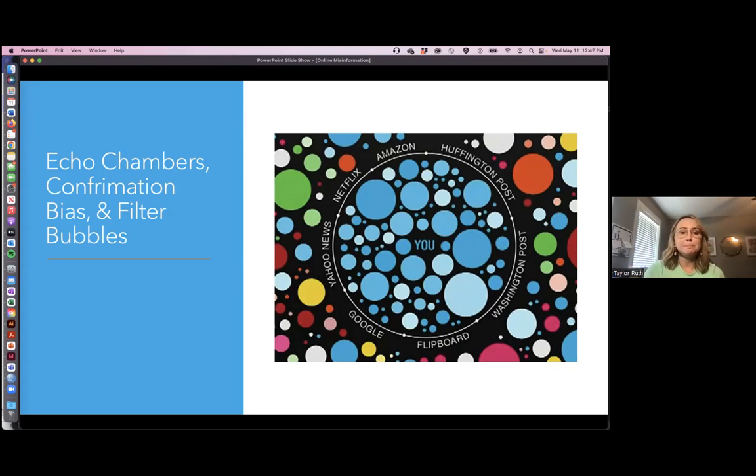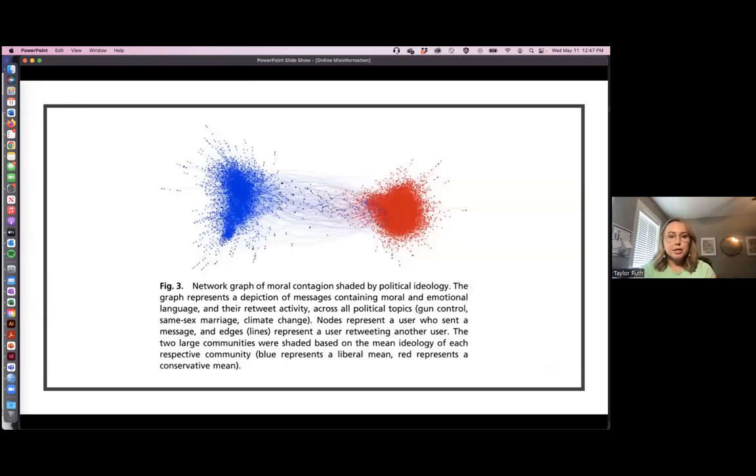There's been some really interesting research using some social media analytics to look at social network analysis, where we're looking at how people are communicating about these different topics and if they're communicating across groups or within groups. So this is looking at different political topics with political ideology, with liberals and conservatives on Twitter.